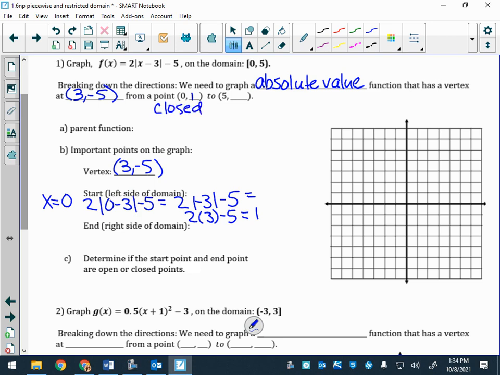So now we also have to find the right side of the domain. So we're going to put x equals 5 into the equation. Okay, so what is our corresponding y value for x equals 5? Sabrine.